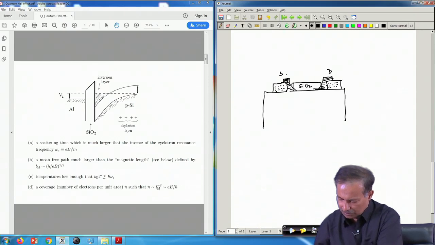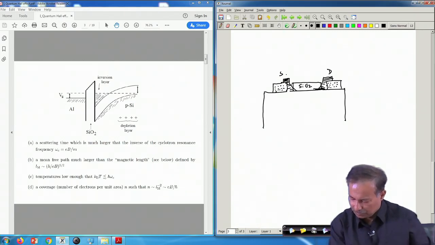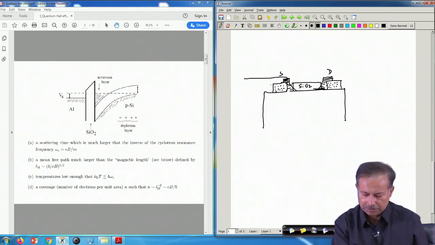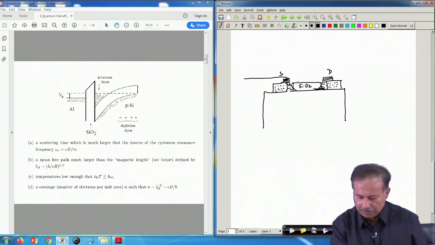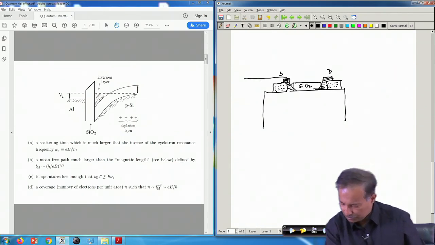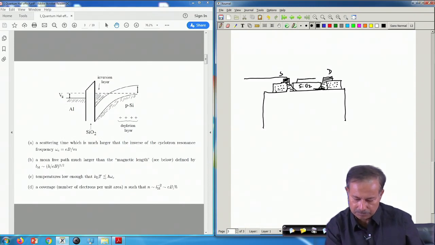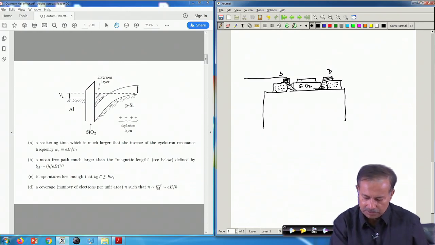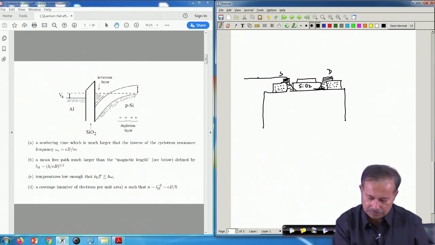Okay. And so what you do is that on top of this you put metallic aluminum, and this acts as the gate.